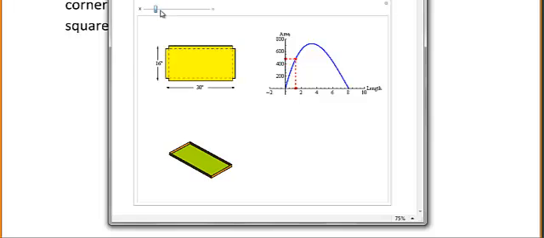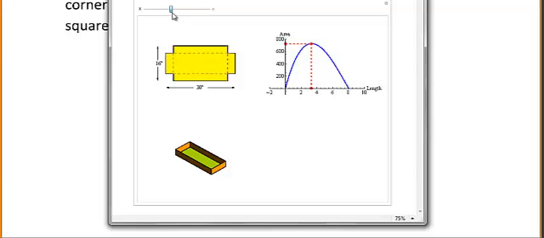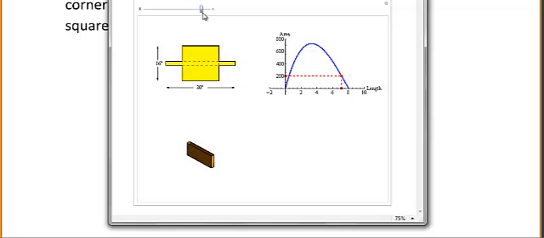And so if I cut bigger squares out, I have a deeper box. It doesn't have as big of a bottom, but it's deeper. And if I do that just right, I'll get the largest volume. If I continue, I'm moving to the place where there's not going to be very much of a box left, because in one dimension it's going to be 0.